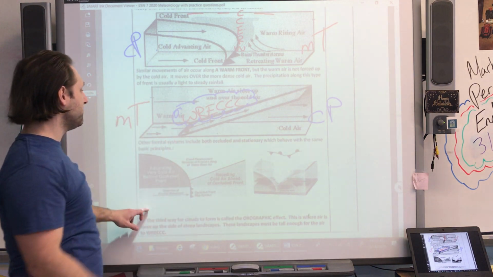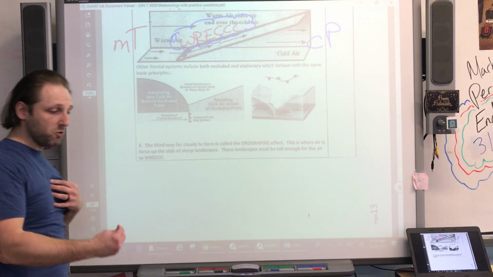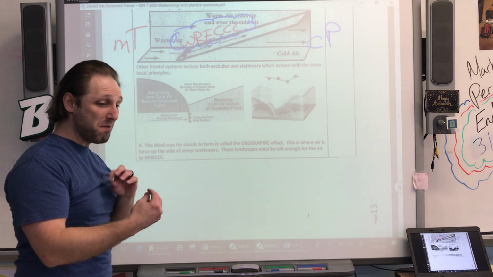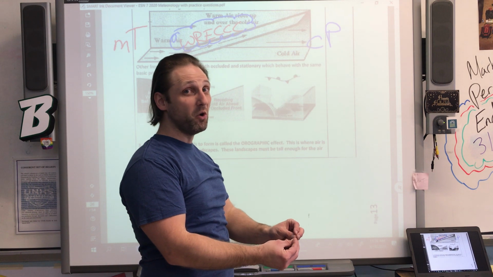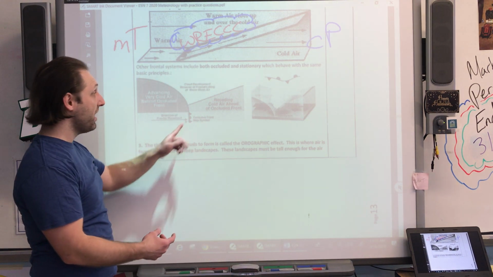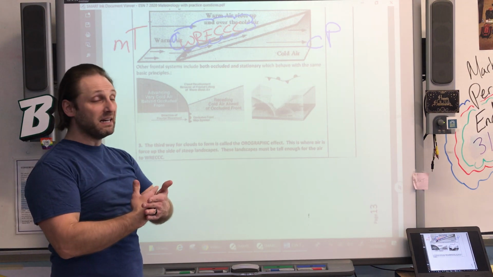There are two more fronts that occur where if a cold front catches up to a warm front, and then they both catch up to the back of a cold front or a cold air mass, you end up with an occluded front, where you have both a cold and a warm meeting up.